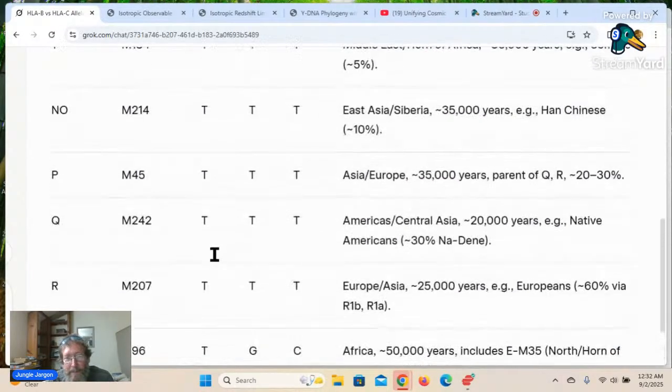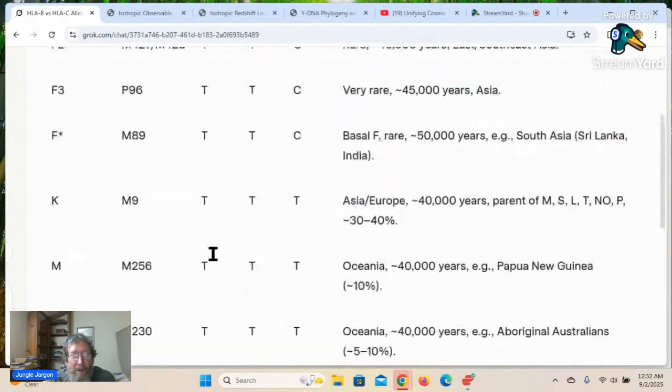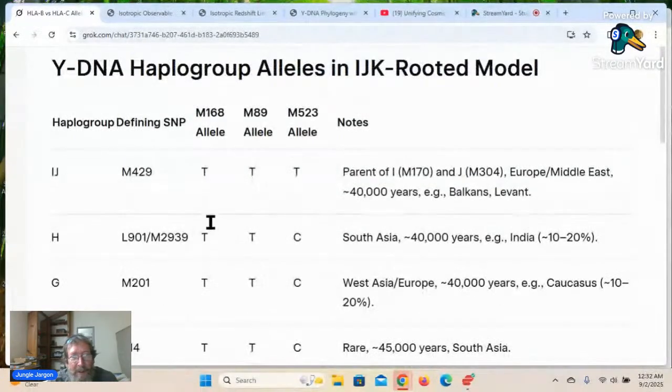Now, Grok just researched all the information he could and says this carries all the way through to A from IJ. In other words, it goes all the way through, down, as 168T.